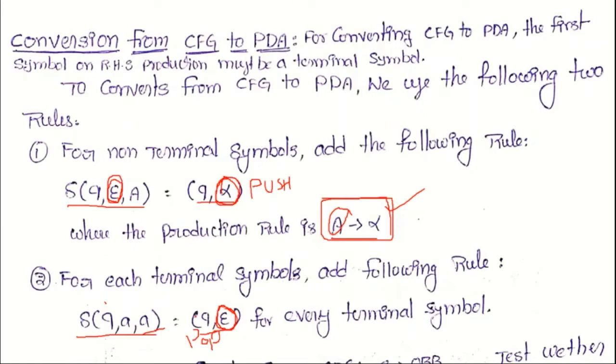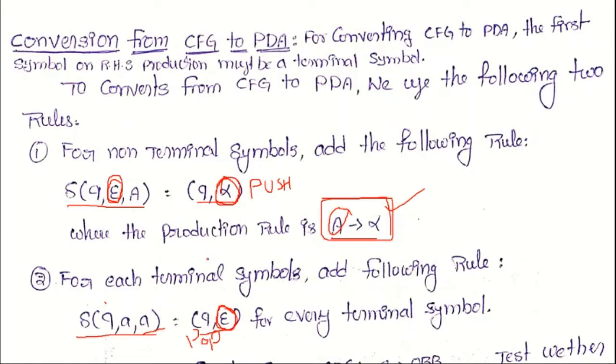For each and every terminal we write q comma terminal, which is equivalent to the pop operation, q comma epsilon. These are the two rules. Before translating from context-free grammar to PDA, the grammar must satisfy that each and every production rule's RHS starts with a terminal symbol. This is the procedure for converting from context-free grammar to push-down automata.